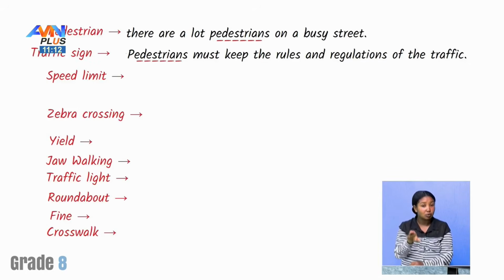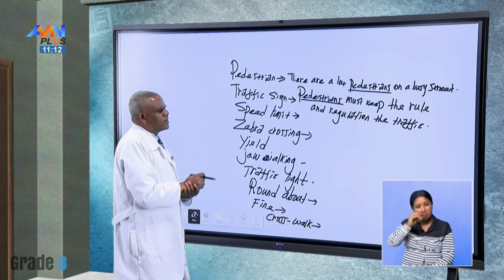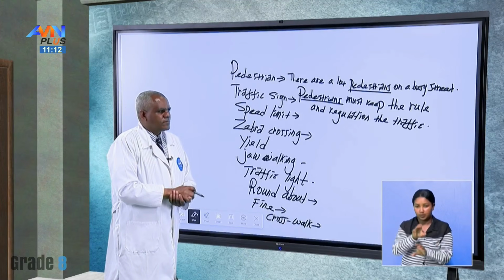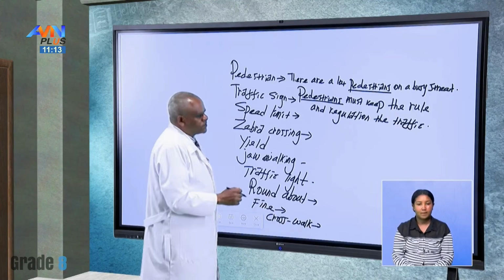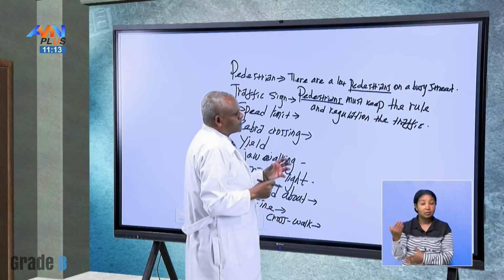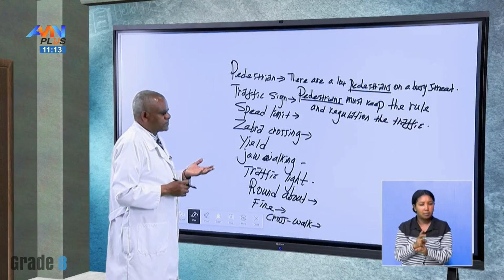What does pedestrian stand for? A person. We must keep the rules and regulations of the traffic. Or the traffic laws must be kept by the pedestrians, in other words.